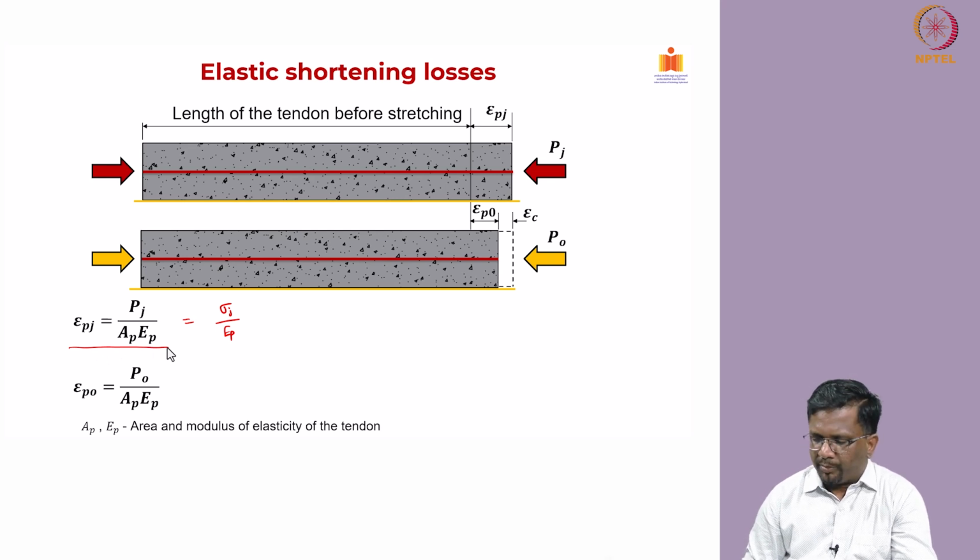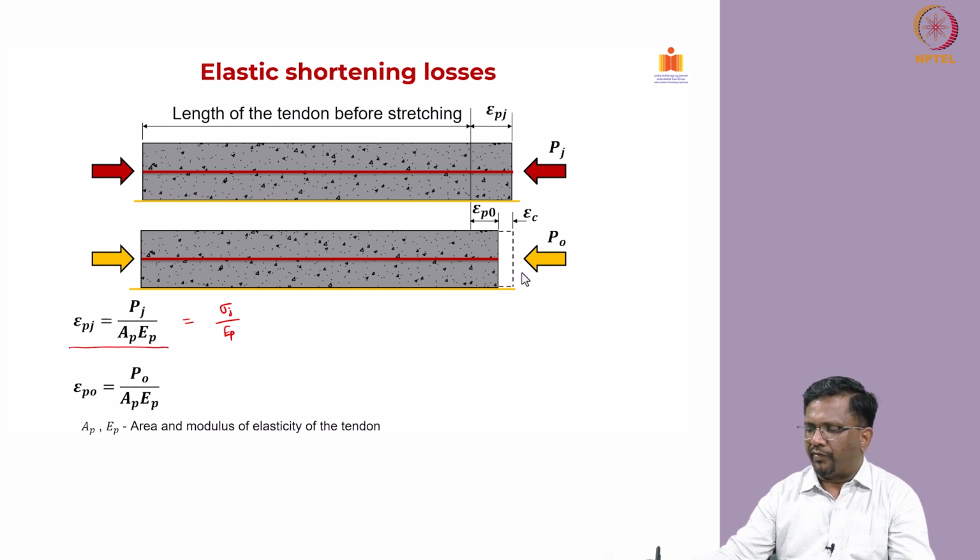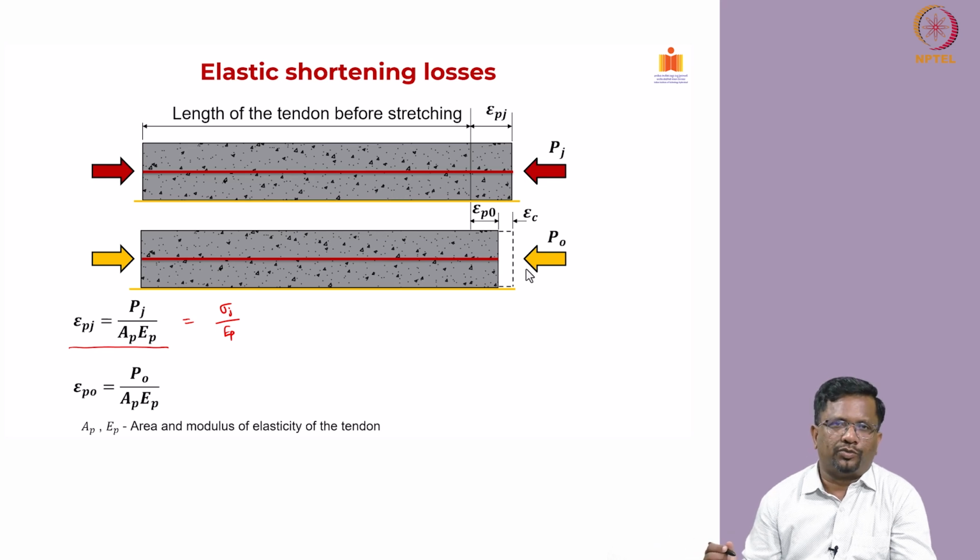Now, what is epsilon P naught? That again is the same strand, now it is subjected to a force of P naught. So, the strain that is left in the strand is going to be P naught by A P divided by E P, right. So, this is the initial force. After the transfer, the force that we have is P naught, right.